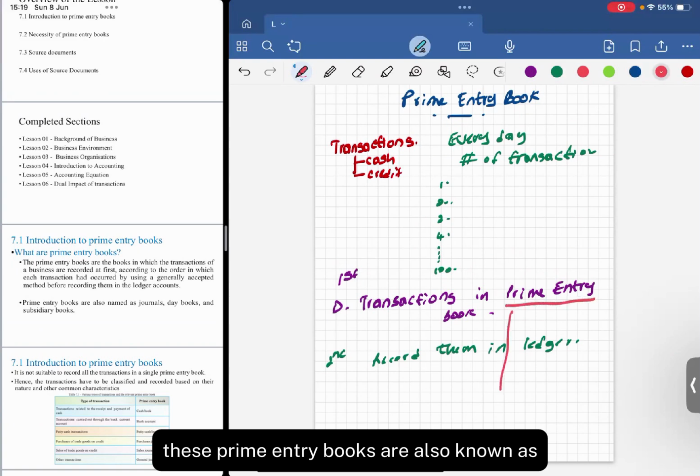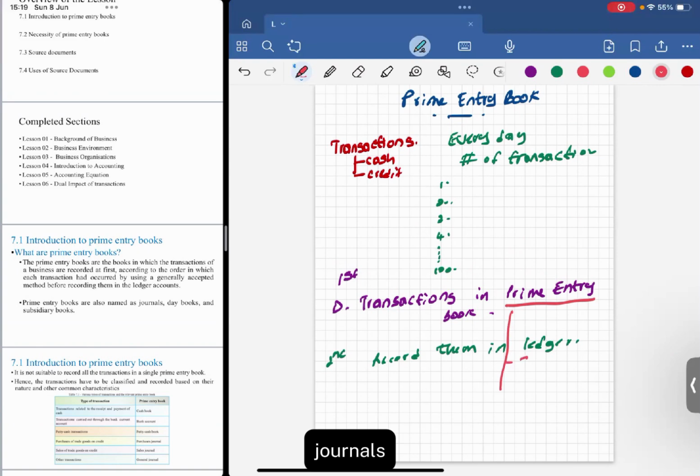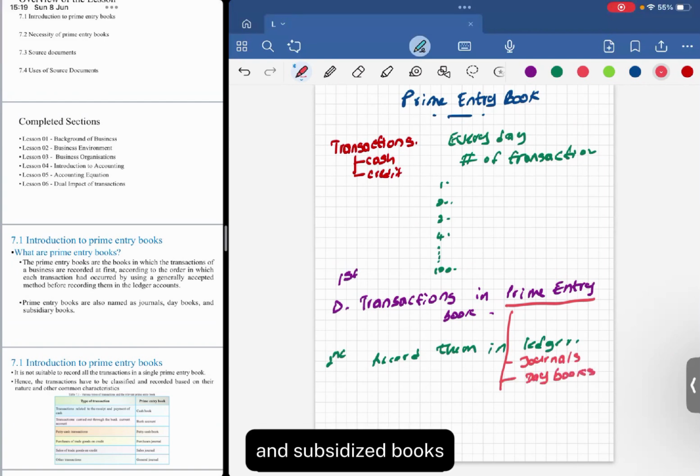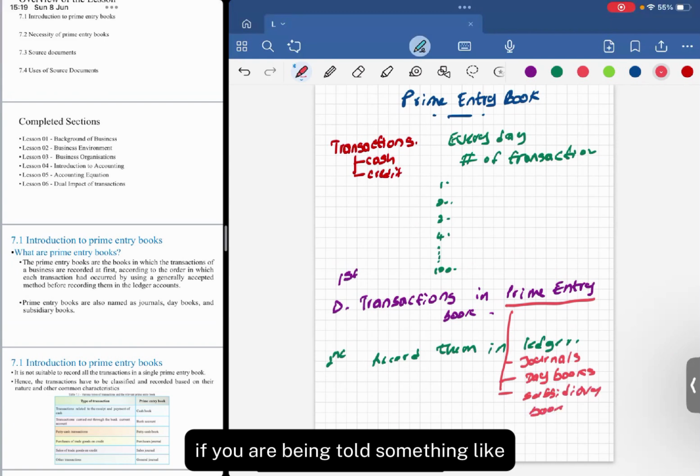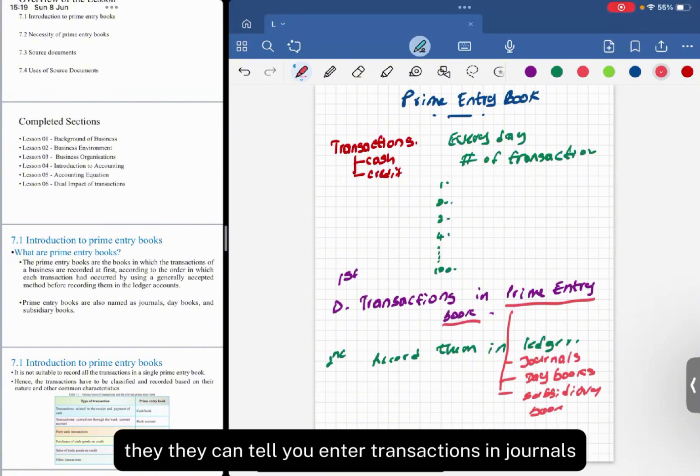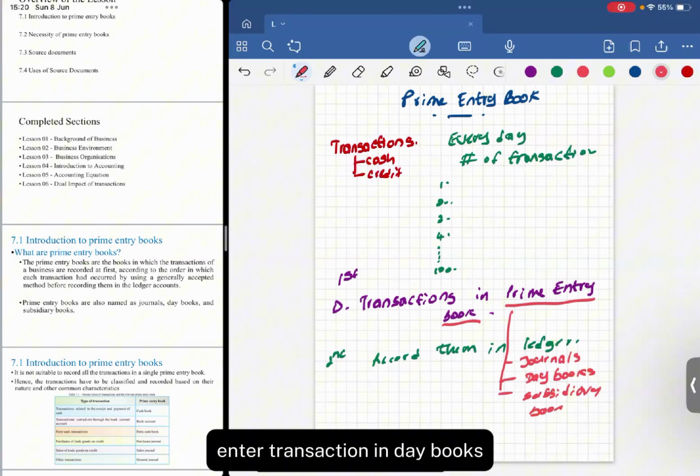Now in businesses or in accounts, these prime entry books are also known as journals, day books, and subsidiary books. So if you are told something without the name of the prime entry book, they can tell you to enter transactions in journals, enter transactions in day books, enter transactions in subsidiary books.